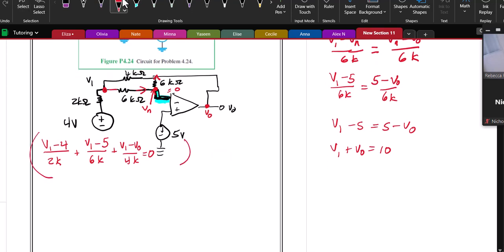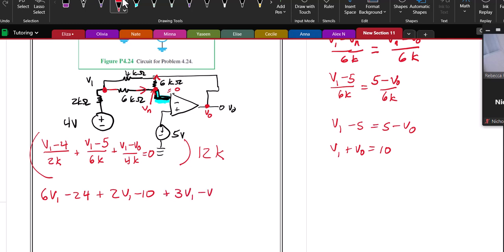Now if I multiply this equation through by 12K, then I get 6V1 minus 24 plus 2V1 minus 10 plus 3V1 minus 3V out equals 0, or 11V1 minus 3V out equals 34.